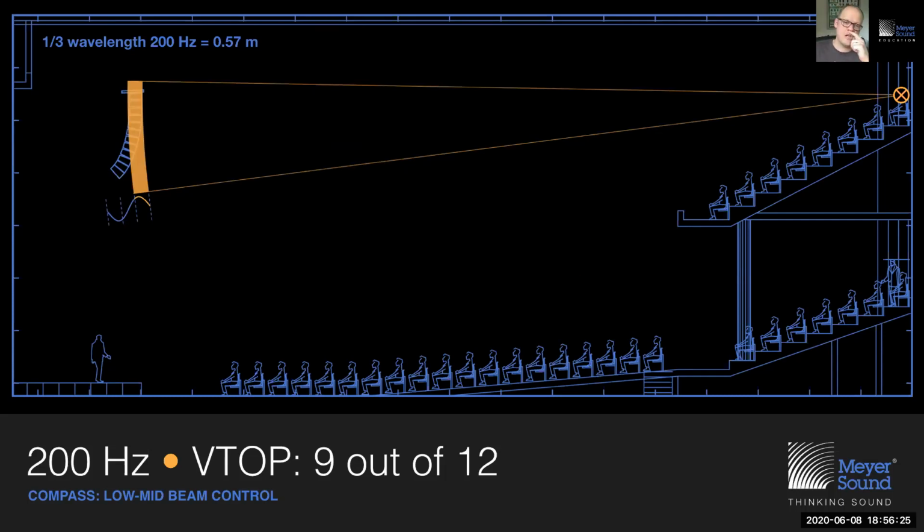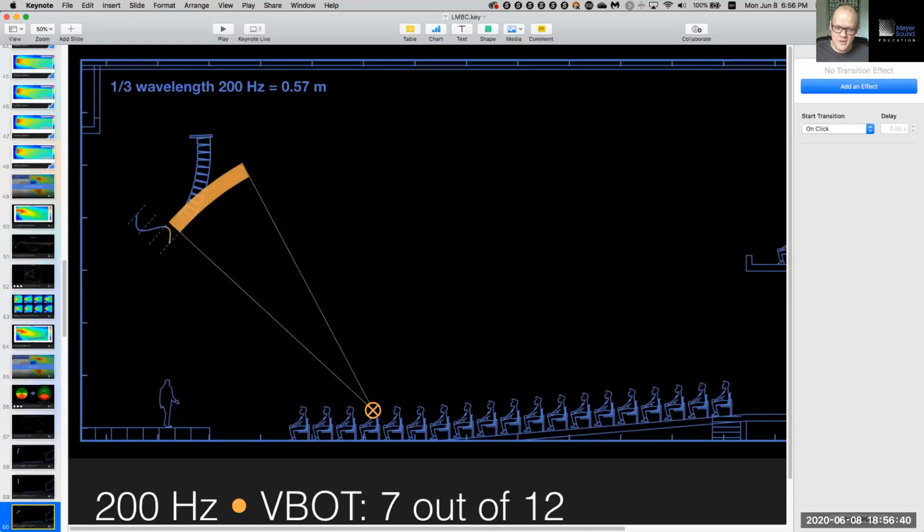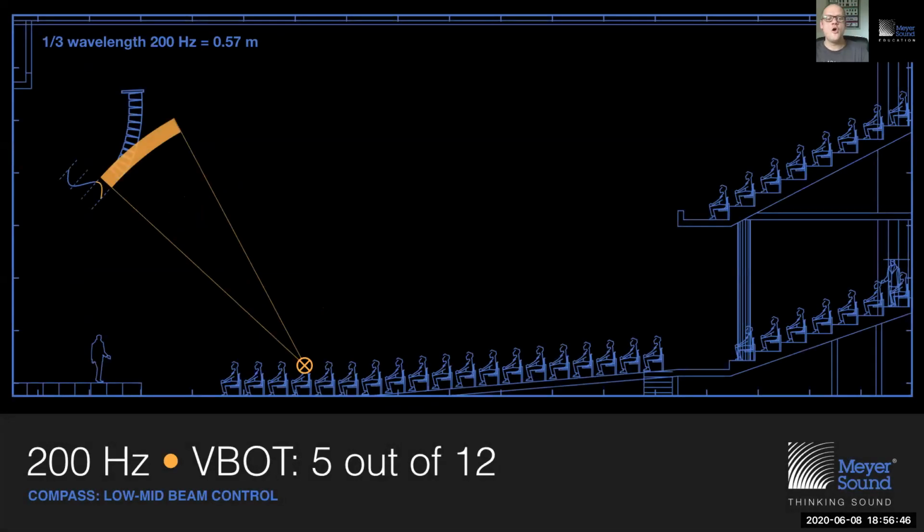So how does that change when we go to the first row? Well, from the perspective of the first row, only 7 out of 12 loudspeakers. I did a polarity reversal on the numbers. Let me fix this, because that's important, this should be a 5. When I live in the first row, only 5 out of 12 loudspeakers are coupled.